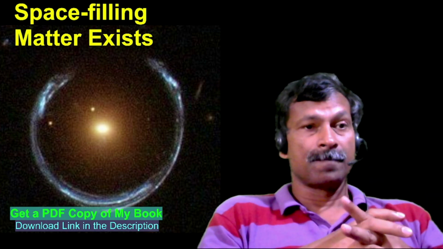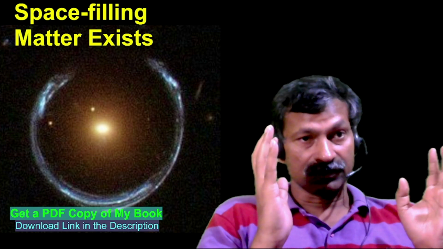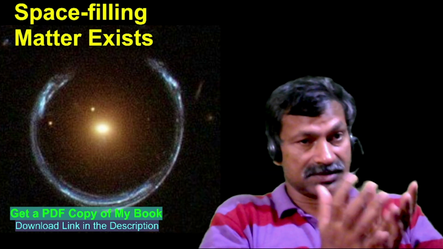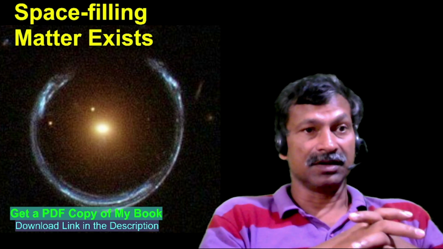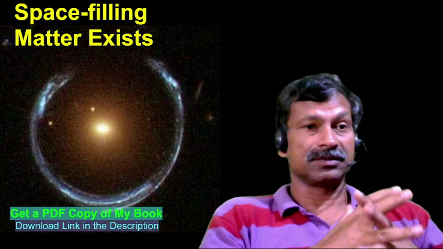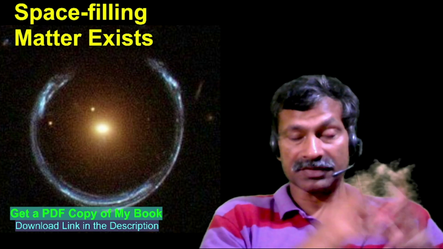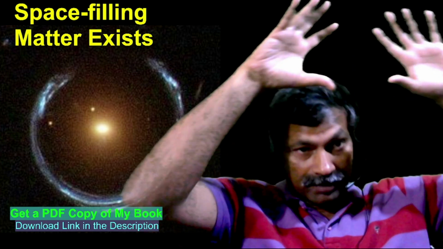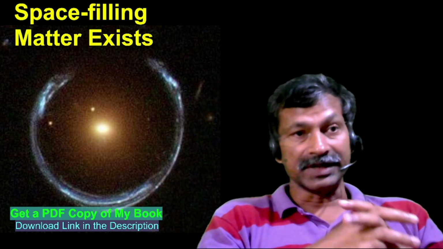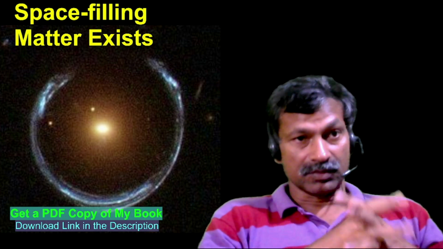Also, if such a bubble exists around the Earth, definitely the sun, or the central object, the star, will also have a bubble. And if that is the case, all the planets will have their own bubbles.